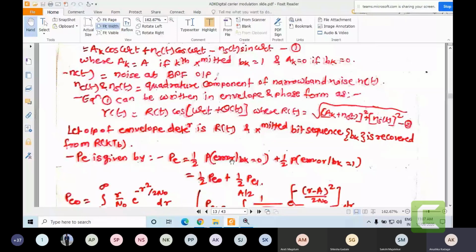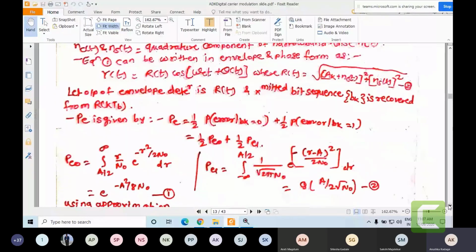That probability is going to lie with the half probability value, and the other probability will be if we actually transmitted the bit as 1 and we are detecting that as 0. So that other error probability is existing, but this error probability is again with the half value. So this is the probability of error consideration.